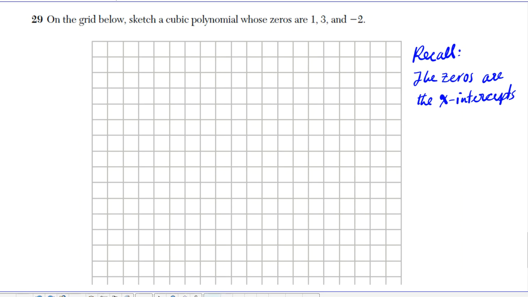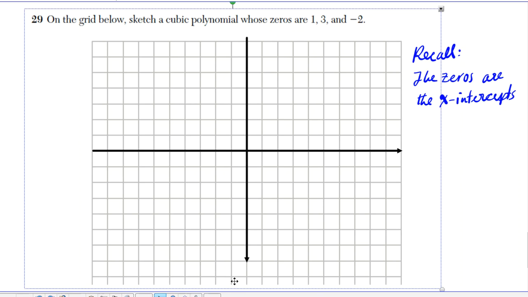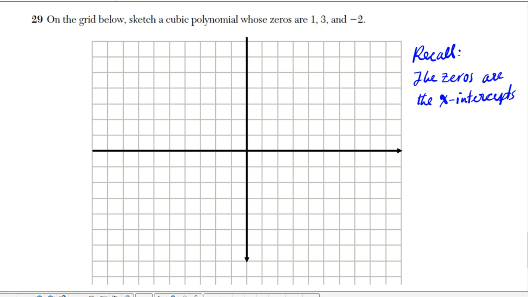So this problem is asking us to sketch a cubic function with these x-intercepts. There goes my x and y axis. Let's calibrate it first. This is positive 1, 2, positive 3, and then negative 1, negative 2.